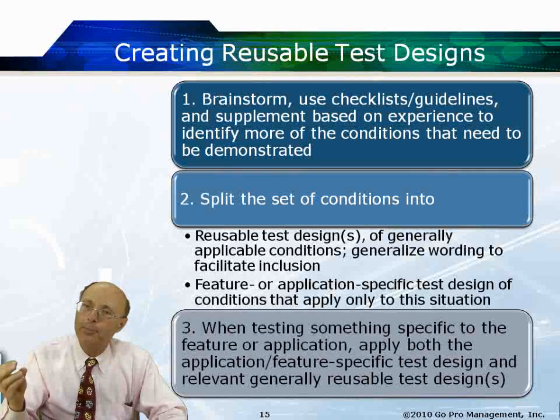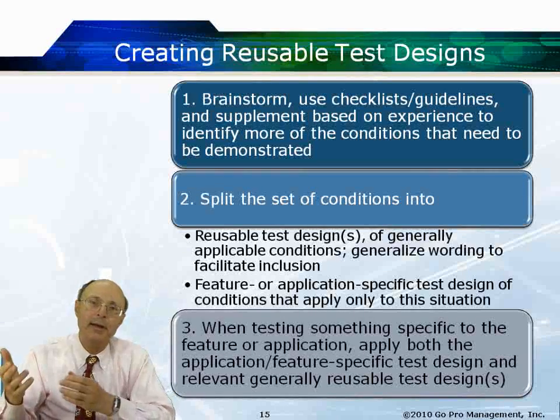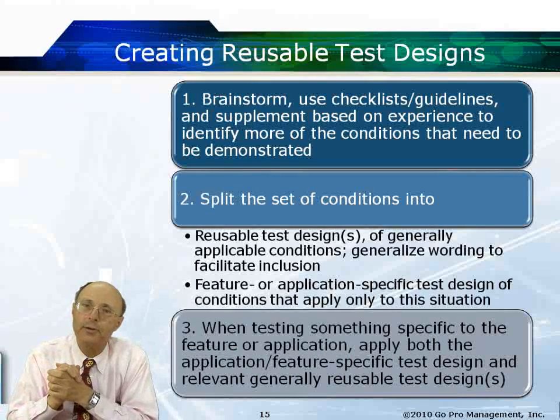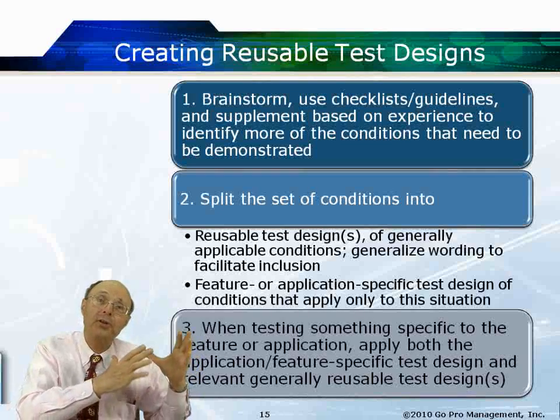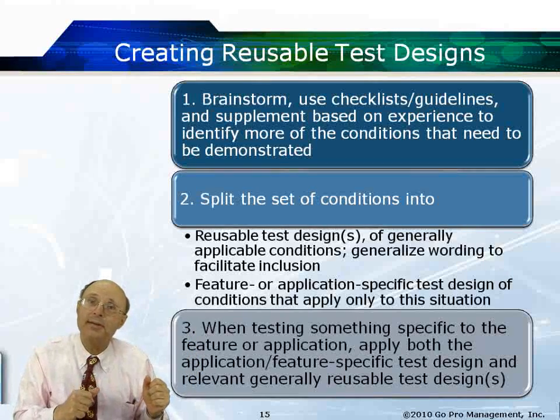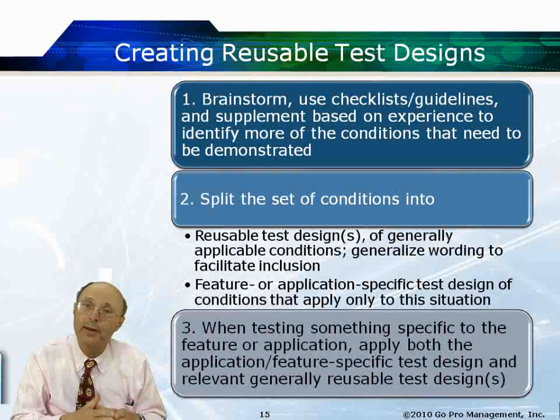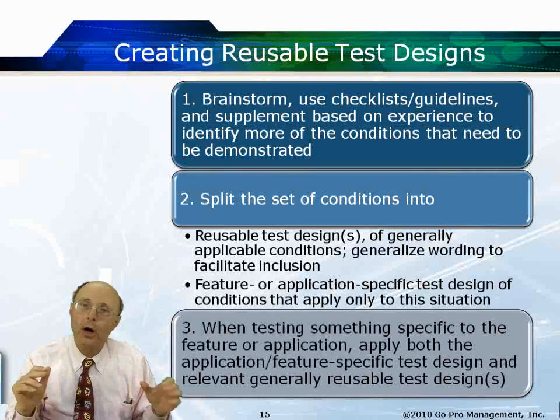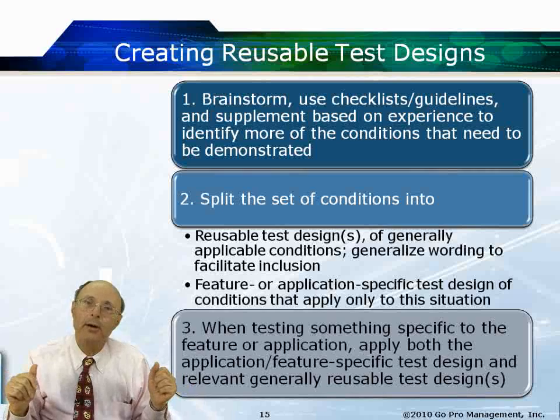We apply the application or feature-specific test design specification for those things that are just specific to it, and also the generally reusable test design specification for those things that apply across to other similar features, functions, or capabilities.